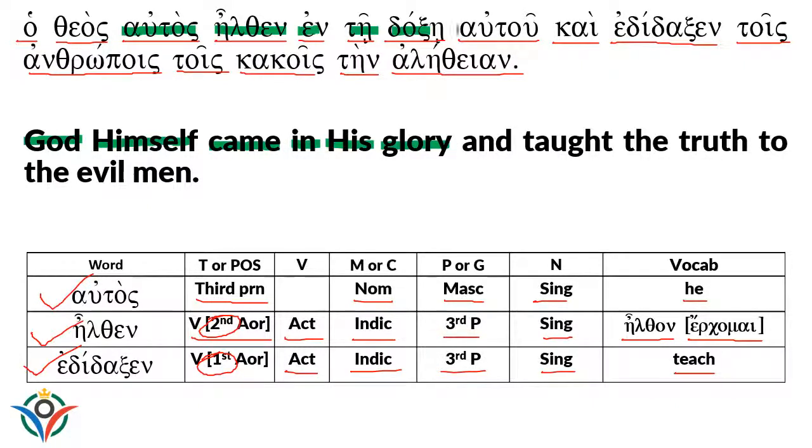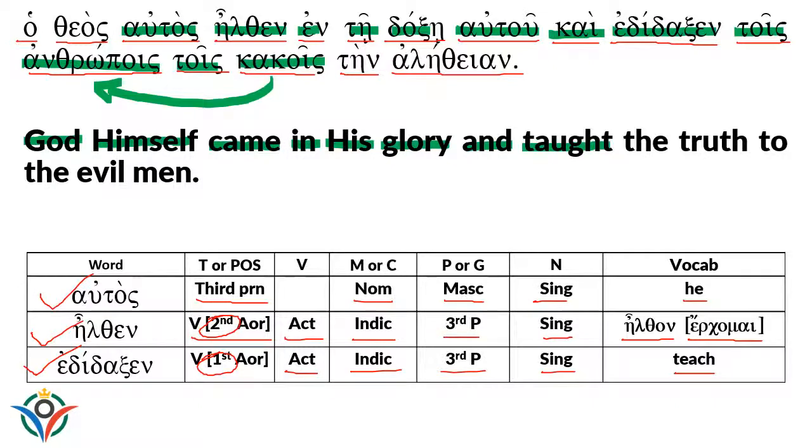All right, there's the possessive pronoun autu for "his," kai, and then we have edidaxen, which is "taught" in the past tense, and then we have tois anthropois, tois kakois. And there our adjective is kakois, standing in the attributive position, so it is modifying anthropois, which is "men."